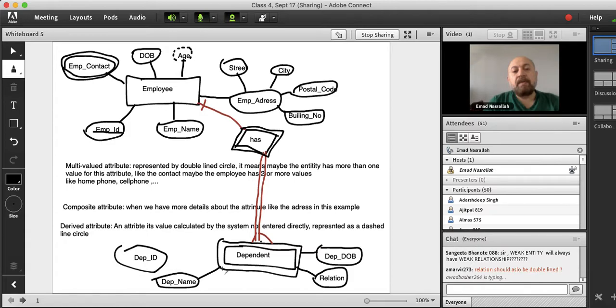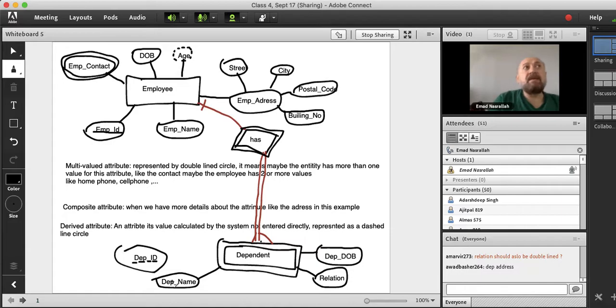Now, the primary key, which is the tip ID, must be dashed. The primary key of the weak entity has to be dashed.